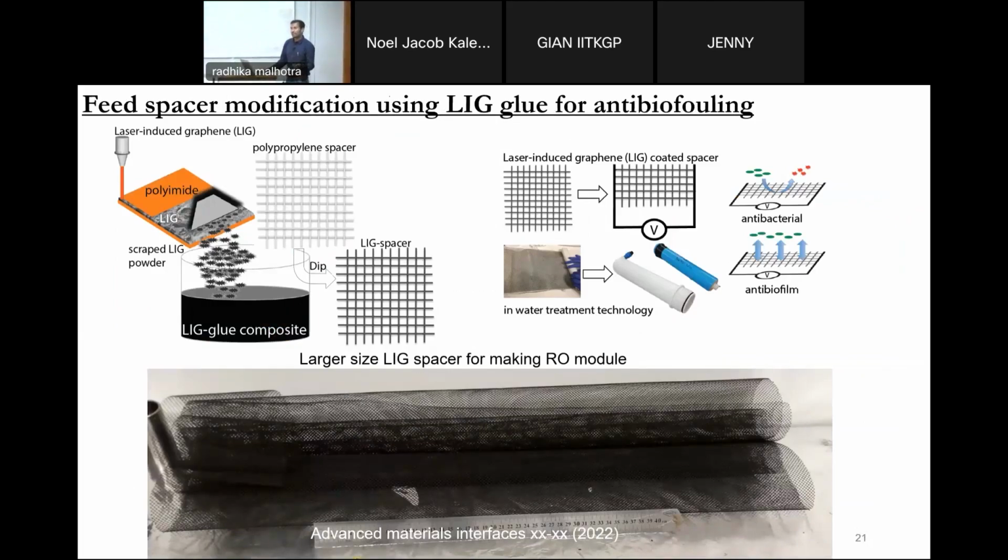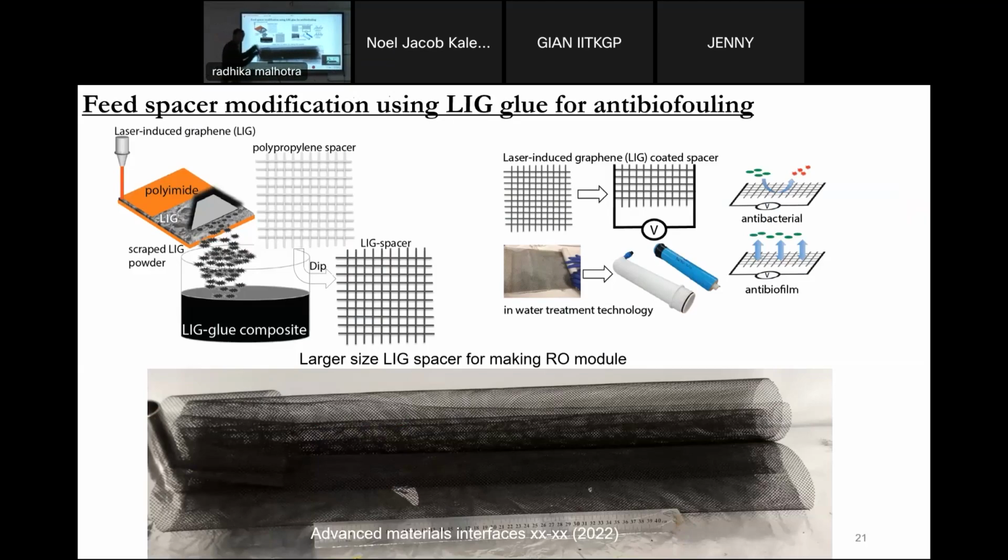Then what we did, we scraped the laser induced graphene powder from the membranes or the polyimide. So, we collected the graphene nanoparticles, then we mixed it with a glue. This is a special glue, so we went for a patent on this. I do not want to say the glue name here.